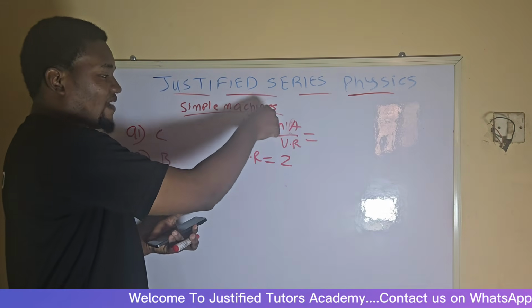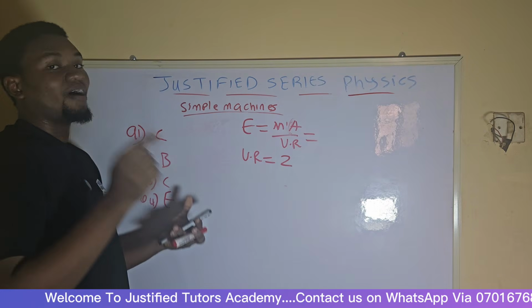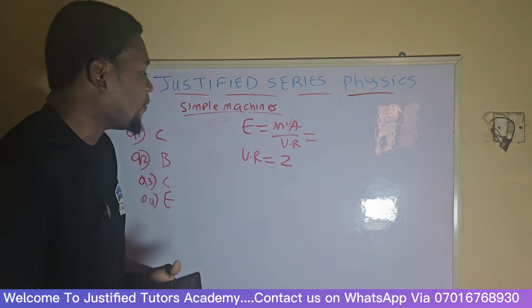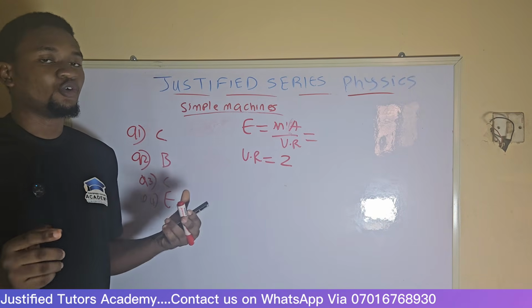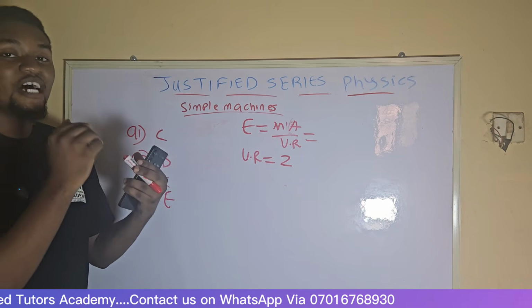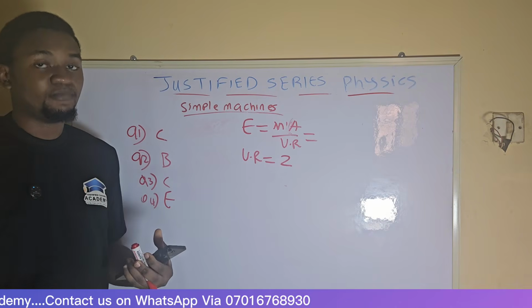So we can use that mechanical advantage to now find our effort, because we already have our load. Okay, now there is one thing I skipped. Please, anytime you are doing a physics question, always write out all that you are given so that you can know what to do after each step. Sure you get.